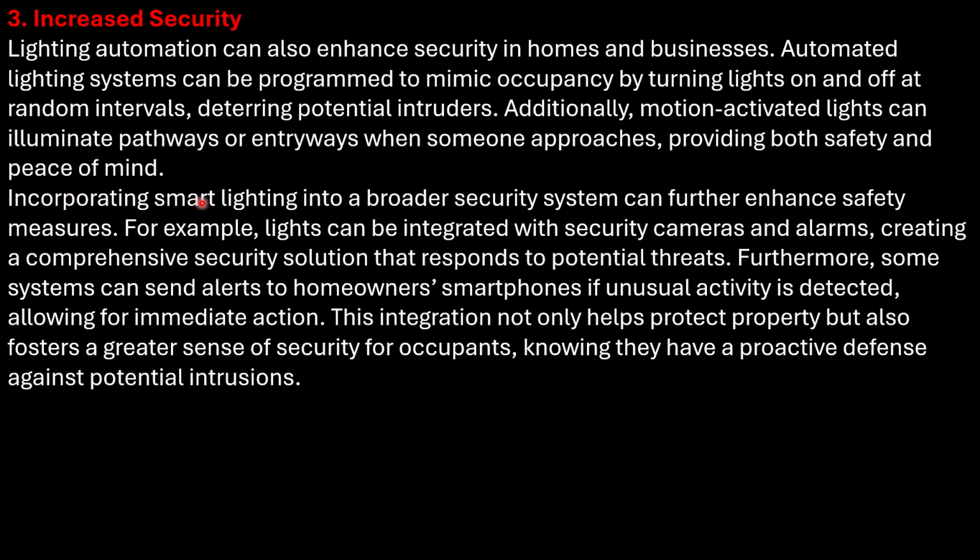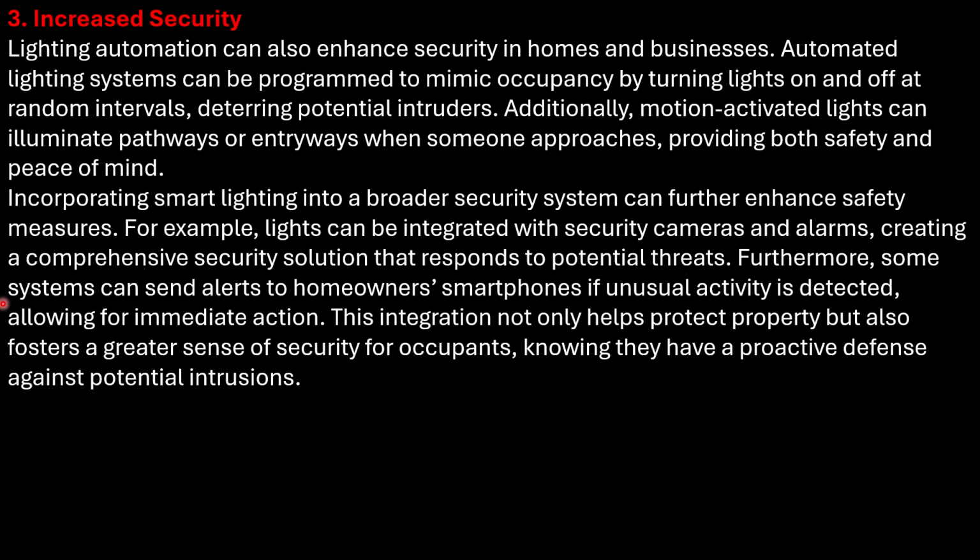Incorporating smart lighting into a broader security system can further enhance safety measures. For example, lights can be integrated with security cameras and alarms, creating a comprehensive security solution that responds to potential threats.